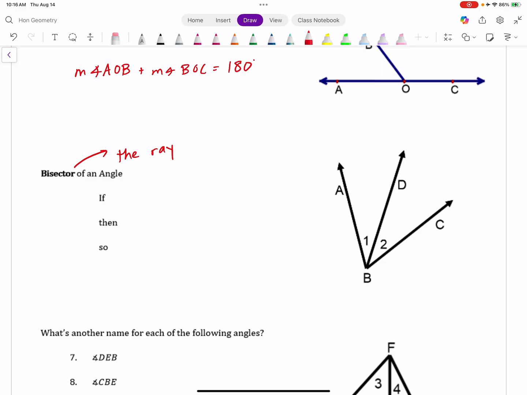So the ray that divides an angle into two congruent angles.